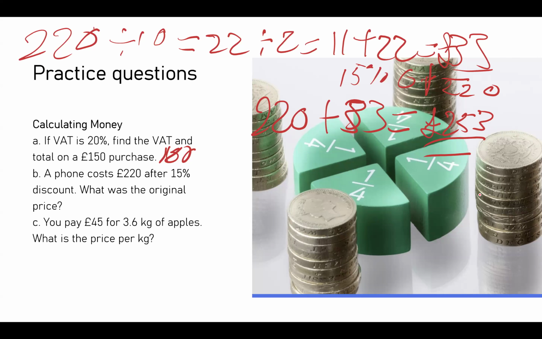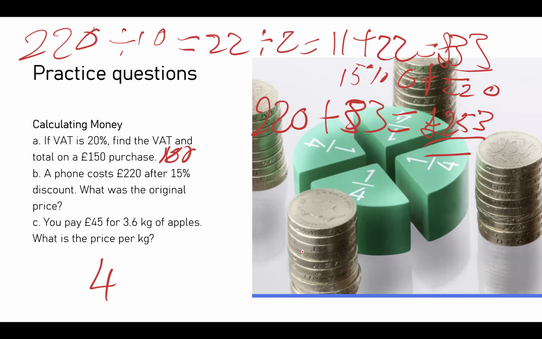You pay £45 for 3.6 kg of apples. What is the price per kg? So all you do here is find out what 1 kg is.